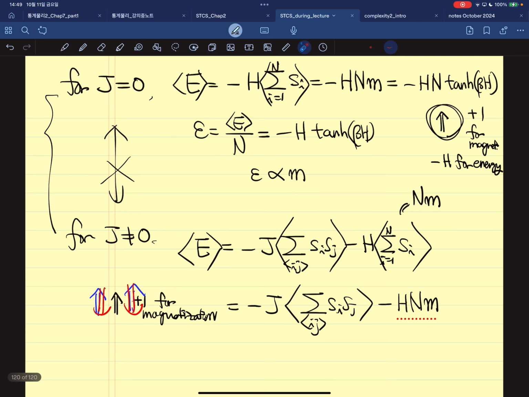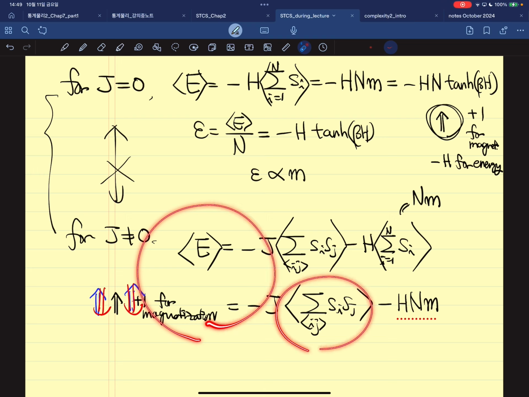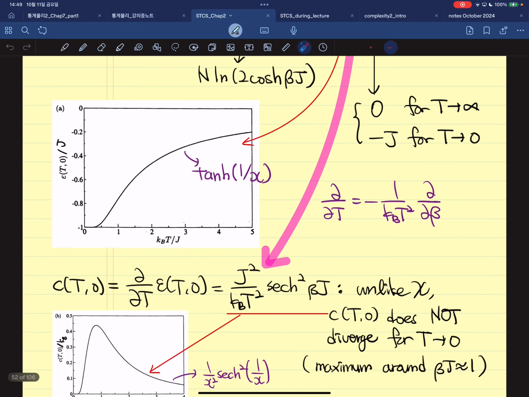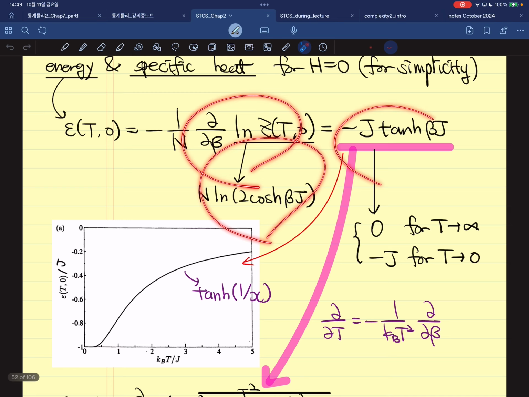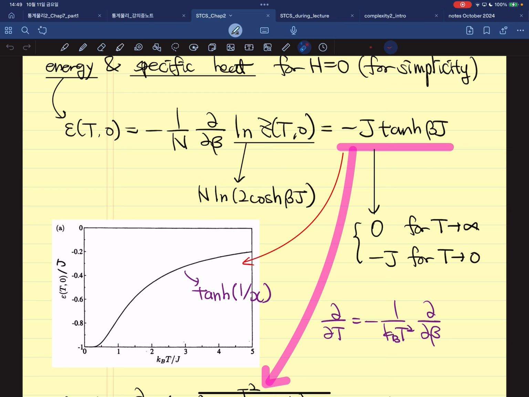That is the reason why for the non-interacting spin, we don't need to calculate the average energy separately even. But for this case, because of this non-trivial term, it's not just a simple proportional relation. So we have to actually calculate this with the standard formula we even learned earlier in the undergraduate statistical physics course.